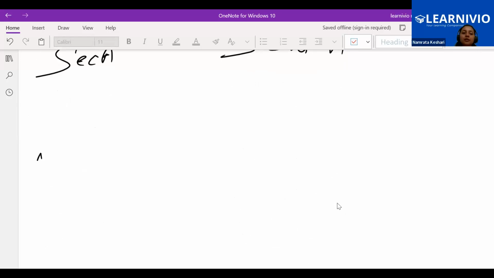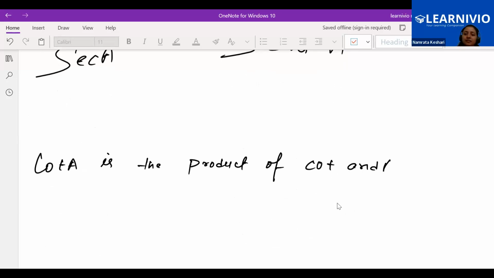Cot A is the product of cot and A. True or false? Vote for it.